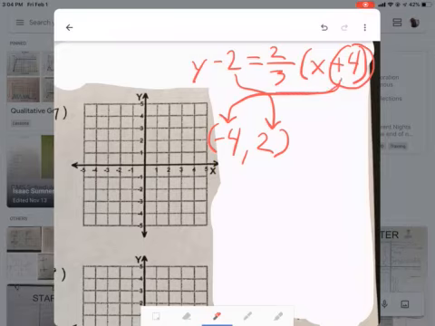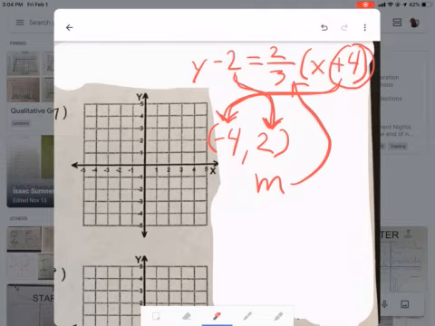But the thing after the x, that's going to give us our x value. The constant after the x and the constant after the y is going to give us our y value. Slope is in the same location right before the x. So that's not too hard to graph. We'll go back to -4 and up 2, and we'll put a dot there. And then we'll rise 2 and run 3 to the right.